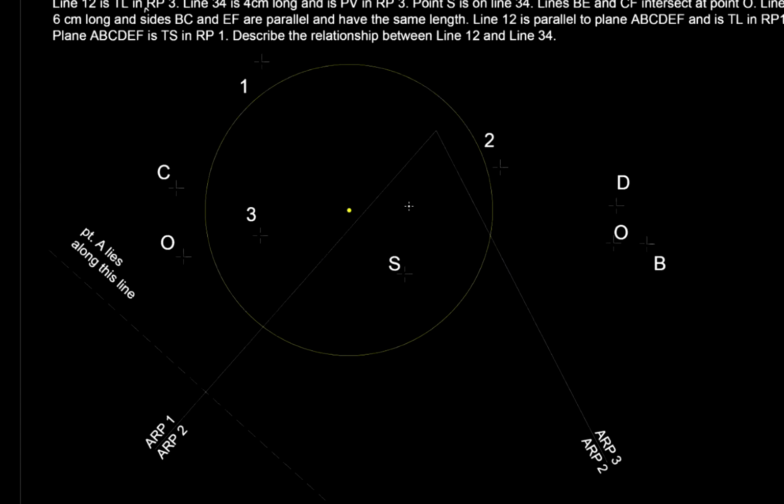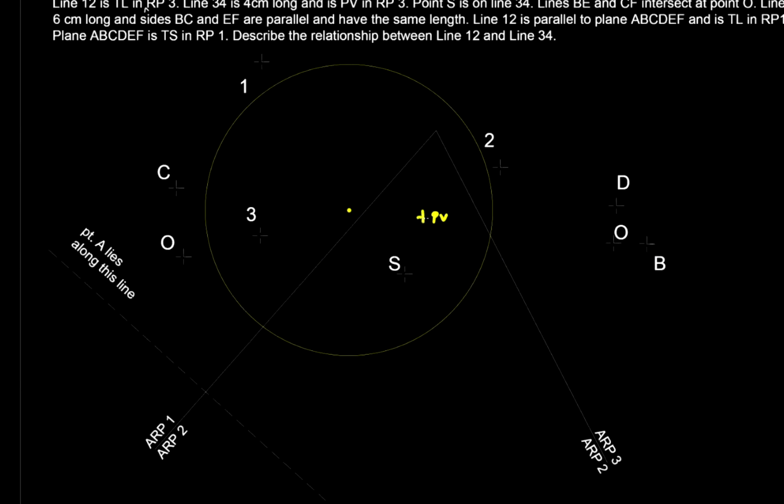So we cannot create kunwari, if I were to create kunwari line dito, no? Hindi pwede na simultaneous na etong line na 'to is parallel to this reference plane and parallel din to this reference plane. It's just impossible, no? Kasi non-parallel 'tong dalawang reference plane na 'to. So yung only case na posible siya is dapat point view yung nandito.